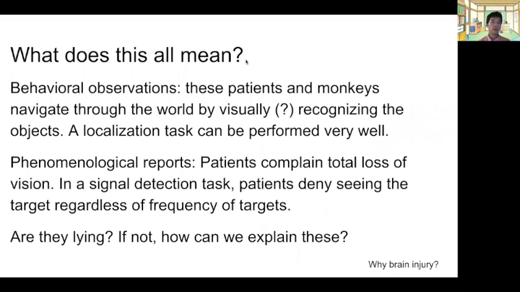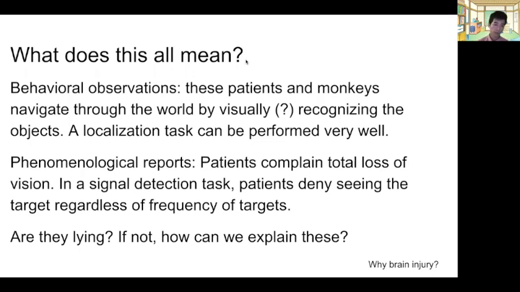Okay, so what does this all mean? According to the behavioral observations, it's safe to say that these patients and monkeys navigate through the world by visually recognizing objects, and that's demonstrated by the videos. And in a localization task, where the position of the stimulus was forced to be chosen, they can perform the task very well.